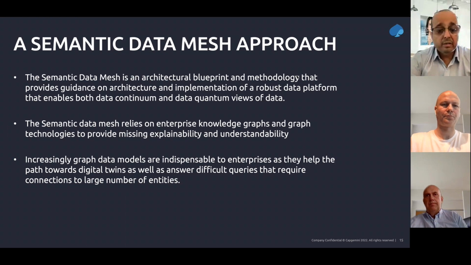And increasingly, we see the graph data models will be indispensable to enterprises. They also lay the foundation for future ambitions to build digital twins, enterprise digital twins, and also enable business analysts to answer difficult queries that require connections to a large number of entities.